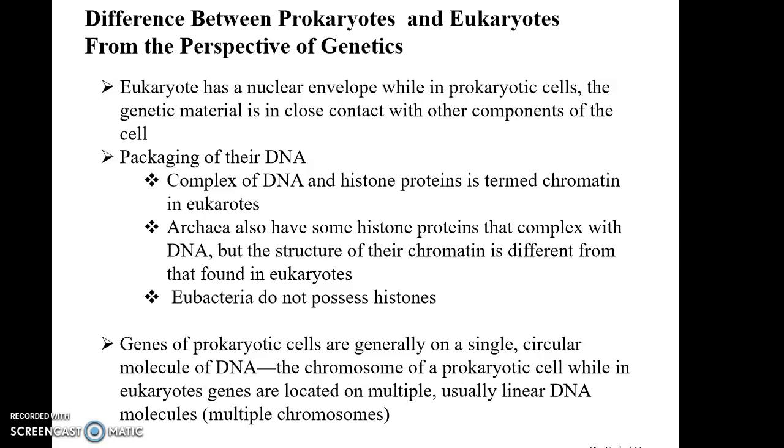This generalization, a single circular chromosome in prokaryotes, is not entirely true. Sometimes they have more than one chromosome, frequently found on another DNA molecule called a plasmid. But that is also another story, and it is not as complicated as in eukaryotic cells.